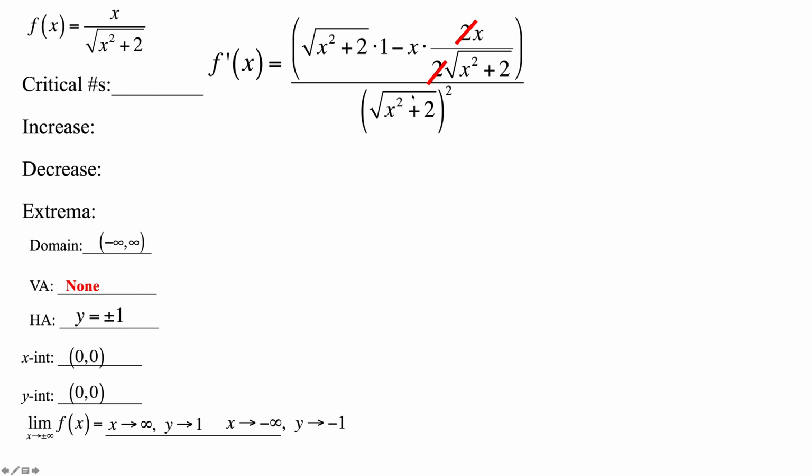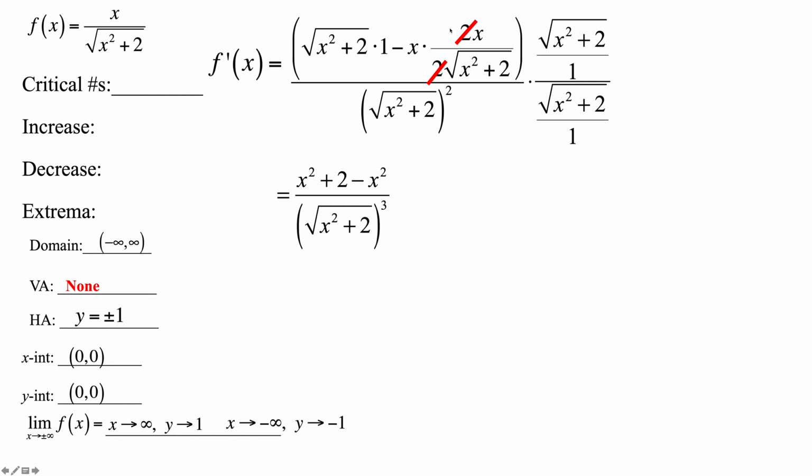We can cancel the 2's. We can multiply the top and the bottom by a square root of x squared plus 2. What that's going to do is cancel this out here and turn this just into an x. This multiplied over here will turn it into just x squared plus 2 times the 1.